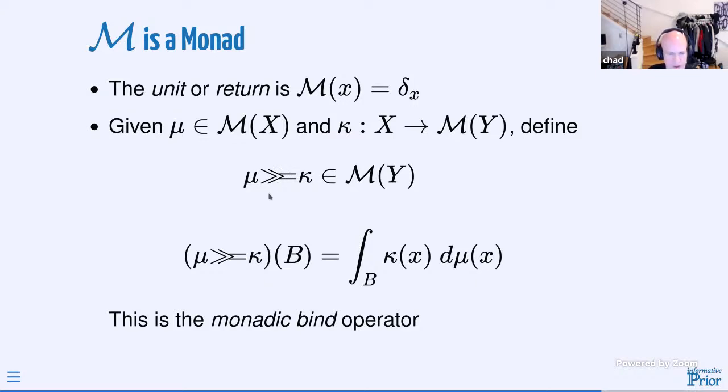I'm not sure from a category theory perspective what, maybe there's a different way of writing this category theoretically. But the idea is we take kappa of x, we're going to integrate that over mu. So in terms of sampling, this is just draw something from x, use that value to draw something from y, and then forget the x value.